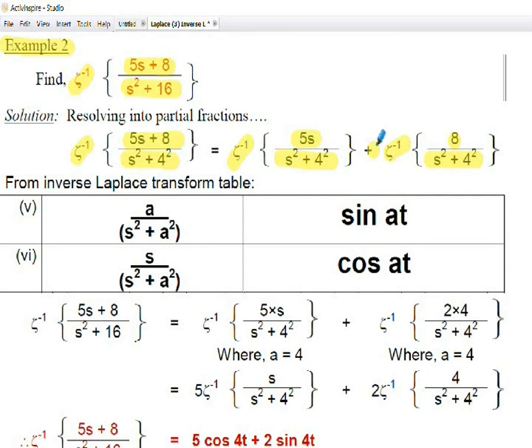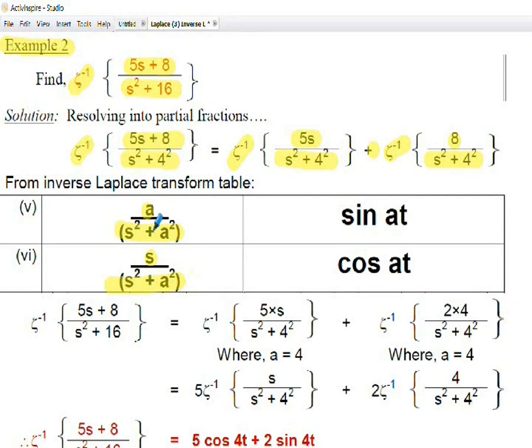If you look in the table of inverse Laplace transforms, you'll see an a upon s squared plus a squared type of function, which looks like the latter partial fraction, and we've got an s over s squared plus a squared term, which looks a bit more like the first partial fraction above.